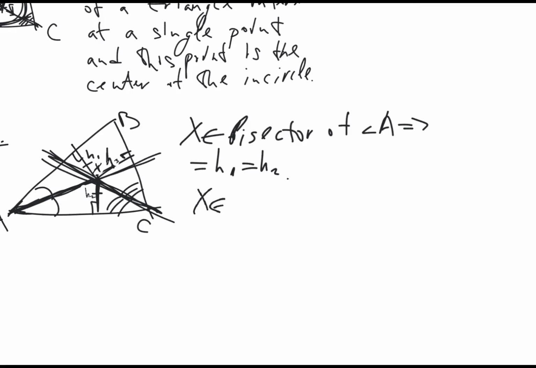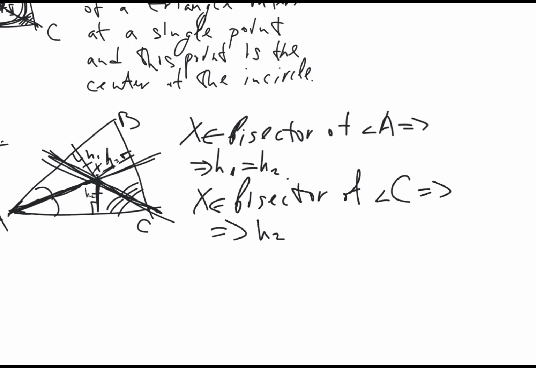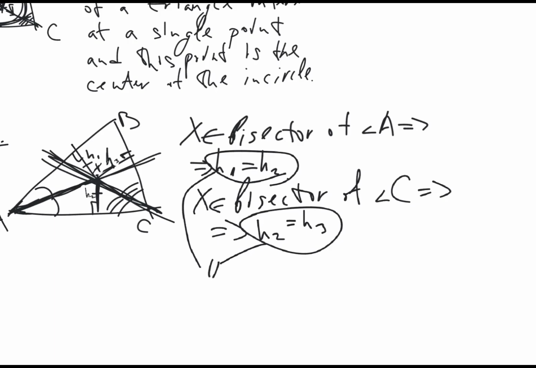Because X belongs to the bisector of the angle C, it implies that H2 is equal to H3. So from these two properties we conclude that all three of them are equal to each other, and in particular that H1 is equal to H3.